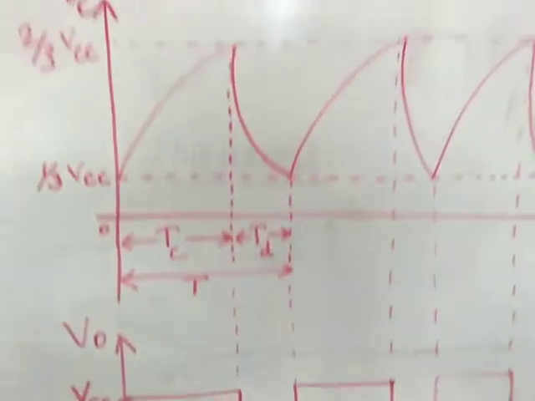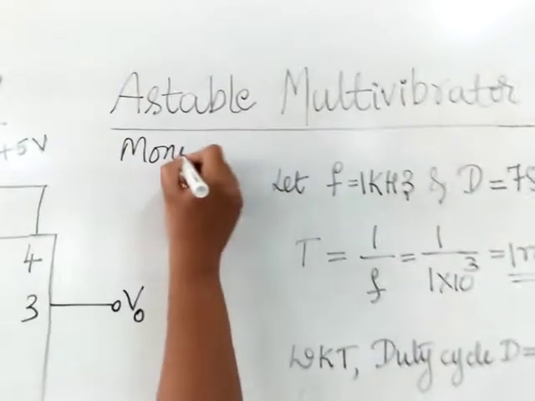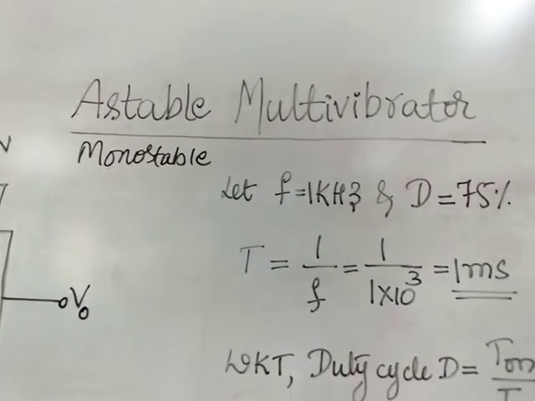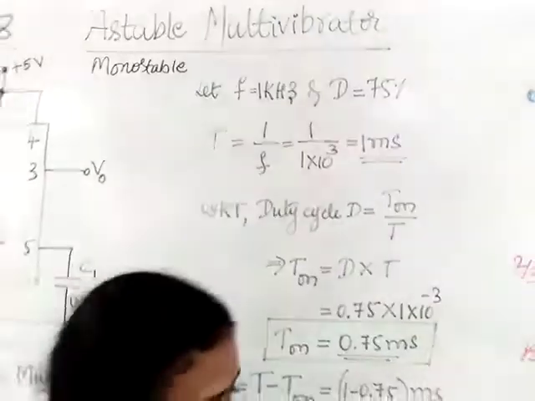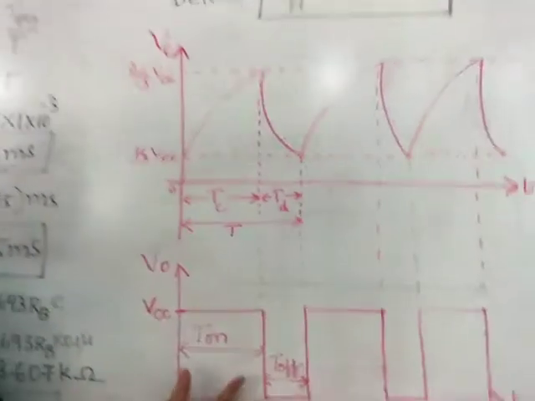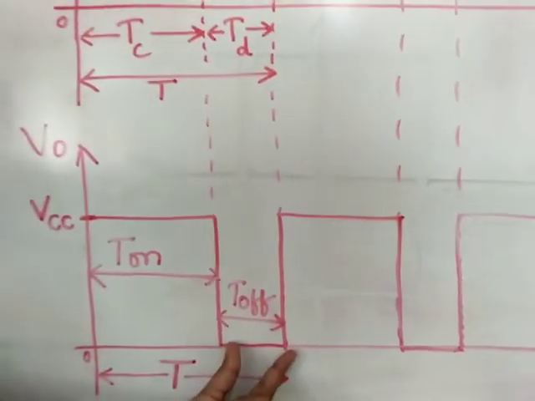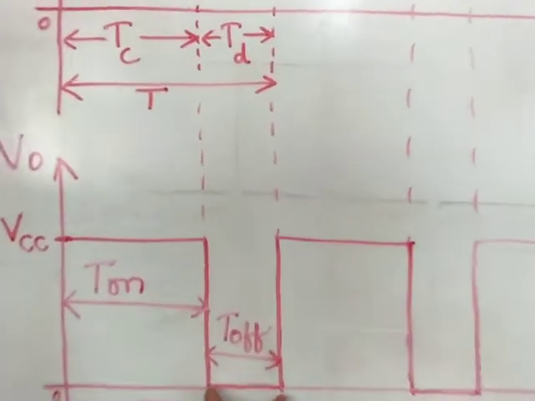Multivibrators are of two types. One is the astable multivibrator and another type is the monostable multivibrator. Astable means it has no stable states. Here in the waveform you can observe the T on period and off period are not equal. The width of the on period is more compared to the off period.